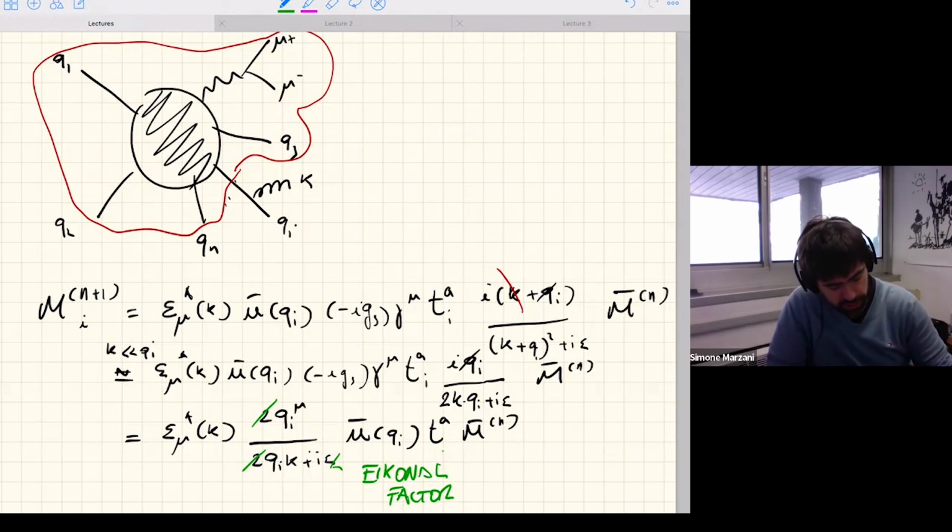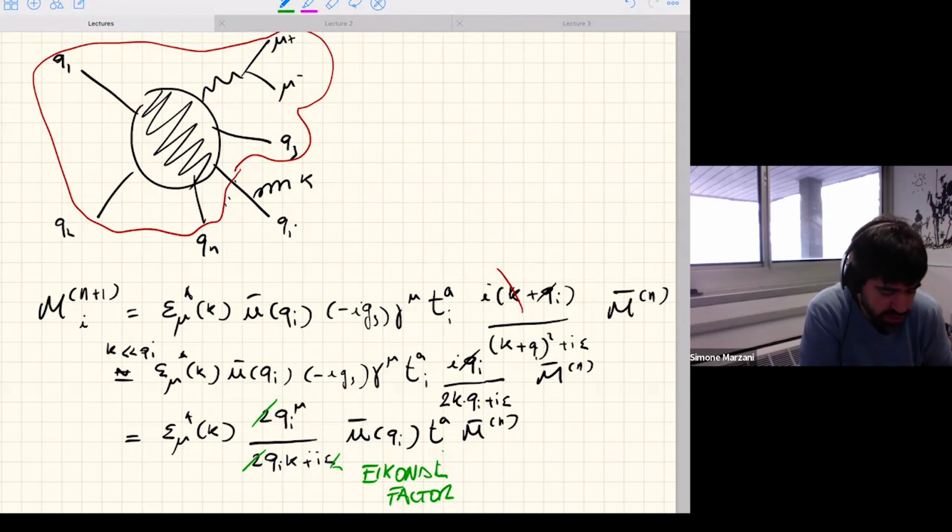I think I probably should stop here for today. What we're going to do tomorrow is try to understand better how we can make sense of the soft approximation, despite the fact that we don't have a complete factorization at the level of the matrix element. So we have a factorization of the kinematics. We lost any information about the fact that the emitter was a spin-half particle, because there's no information about gamma nu left.